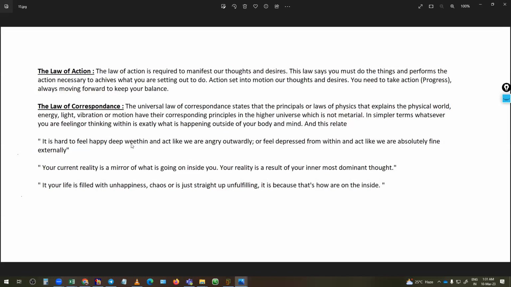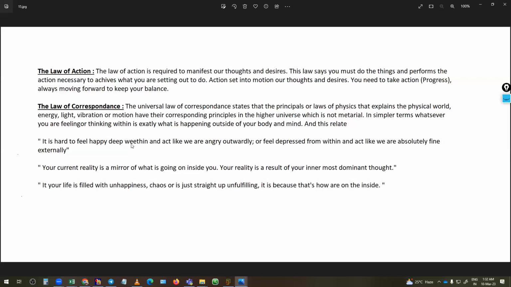It is hard to feel happy deep within and act like we are angry outwardly, or feel depressed from within and act like we are absolutely fine externally. Your current reality is a mirror of what is going on inside you. Your reality is a result of your innermost dominant thoughts.